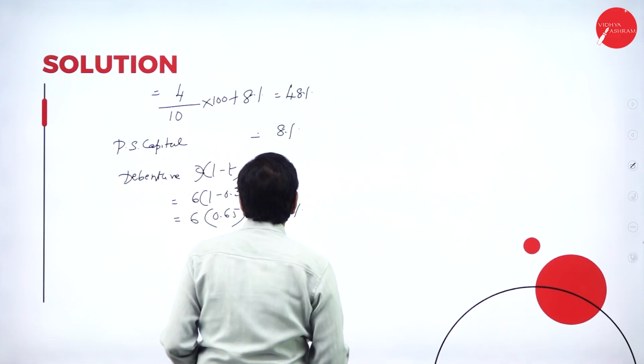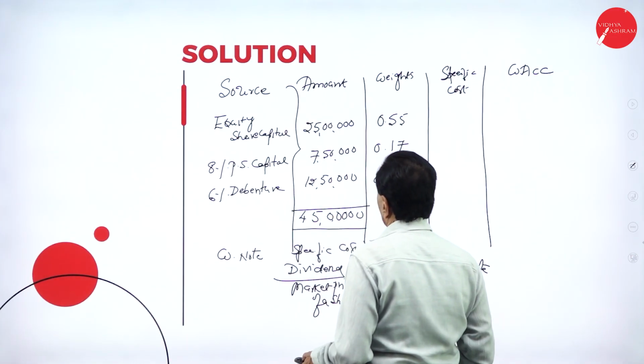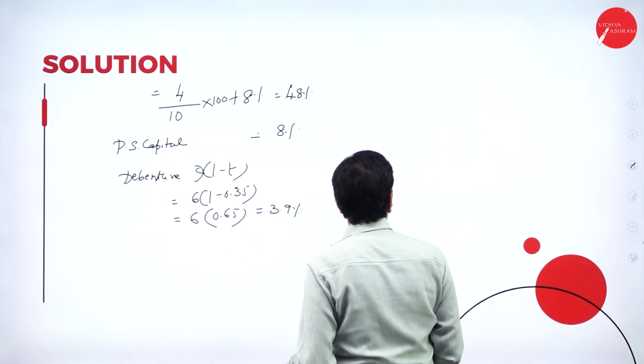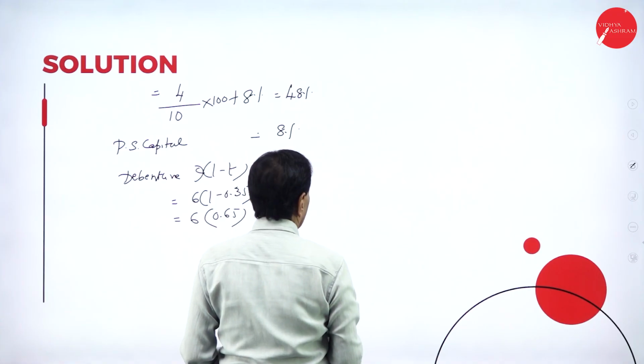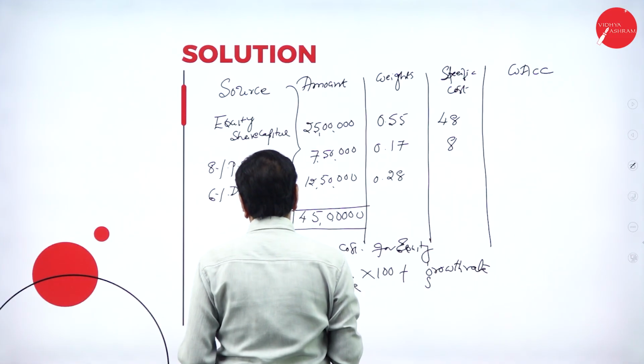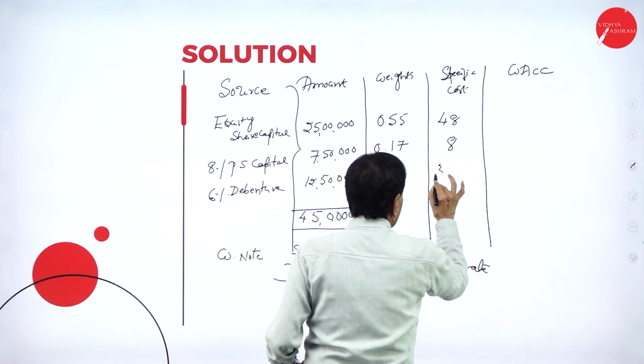Now, apply. Come back here. Specific cost of equity 48. Regarding this preference share capital 8. Regarding the debenture 3.9.